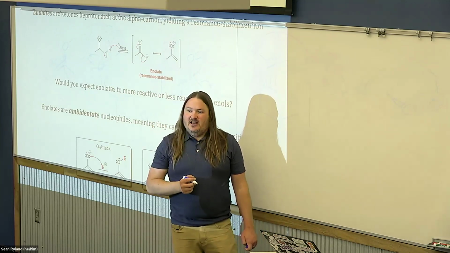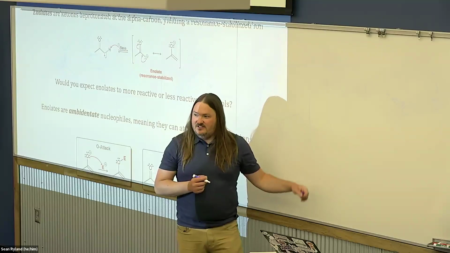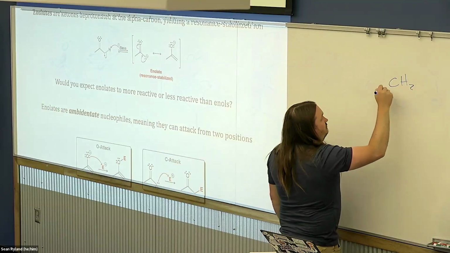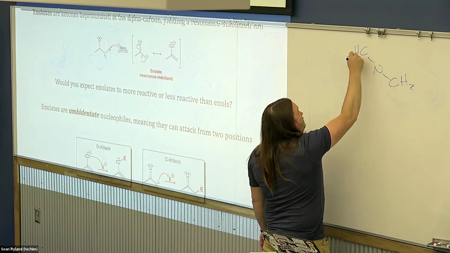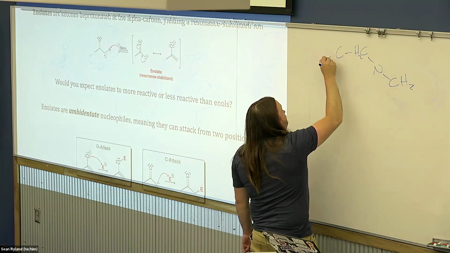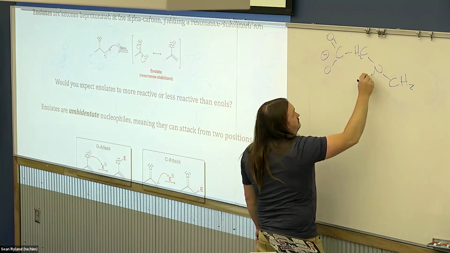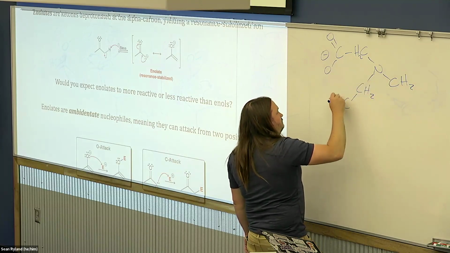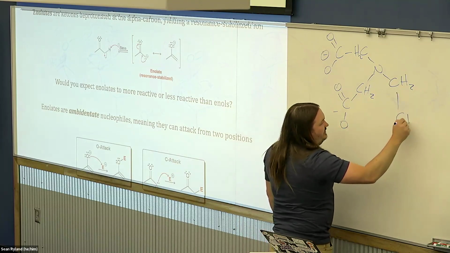So if you attach two acetyl groups to each of those nitrogens, you get CH2 nitrogen, CH2, and then the same on the other side.